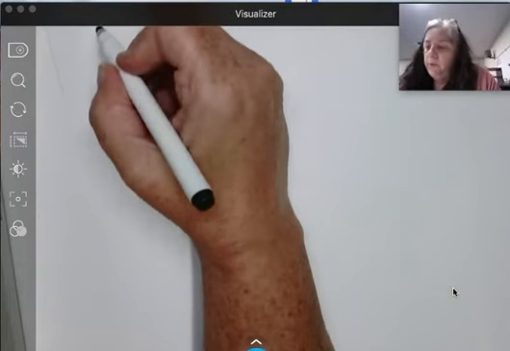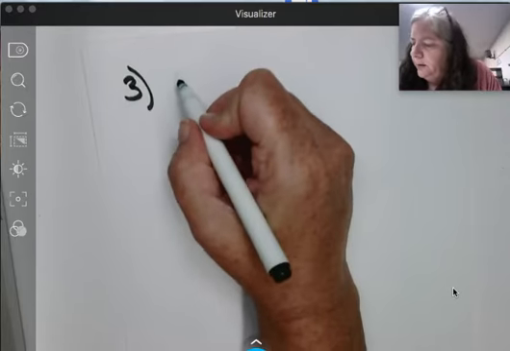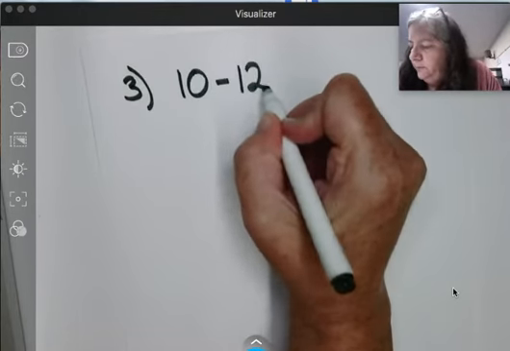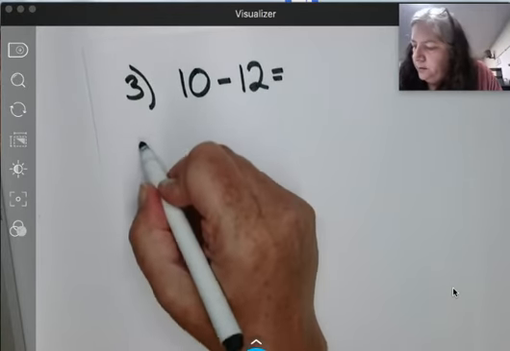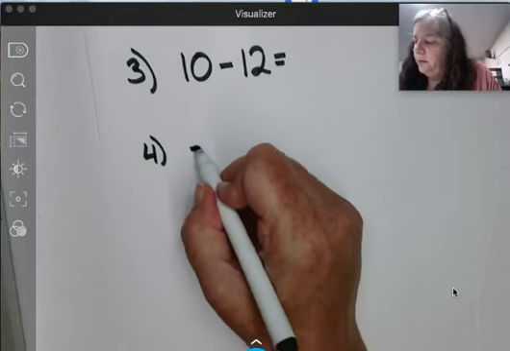So I'm going to call this one number 3. Let's do 10 minus 12. And I'm going to write down a couple of them, and then you can pause your recording and do that.